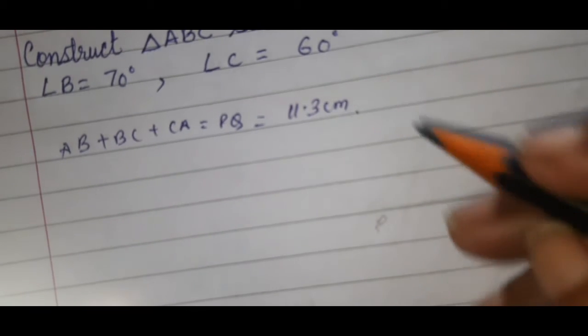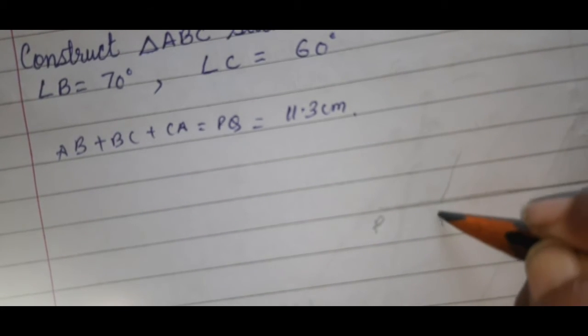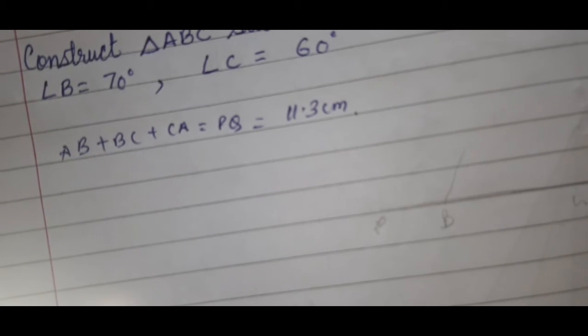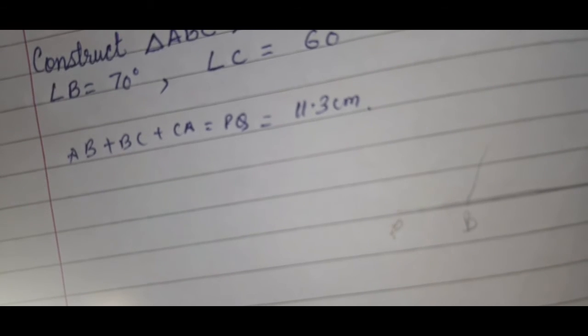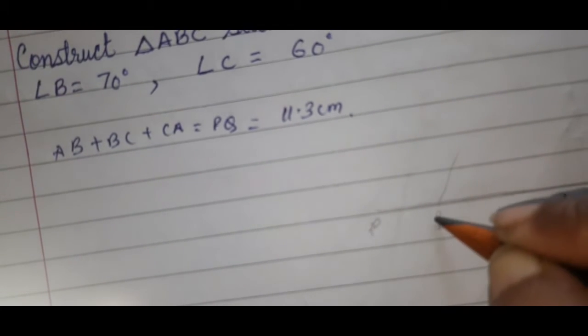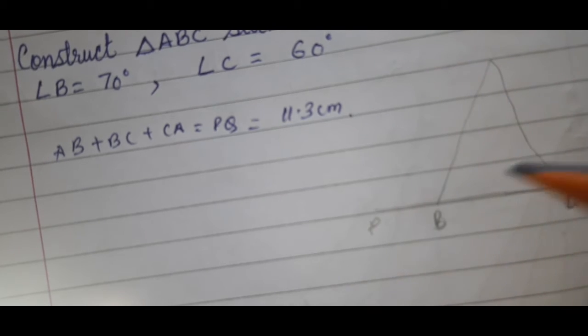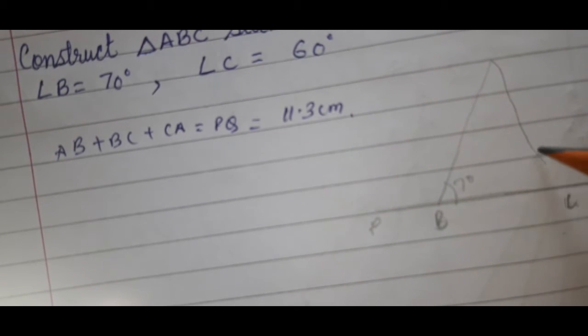Okay, now here somewhere we are going to get B and C, right? B and C here somewhere. So here will be the measure of angle 70 degrees and here it will be 60 degrees.